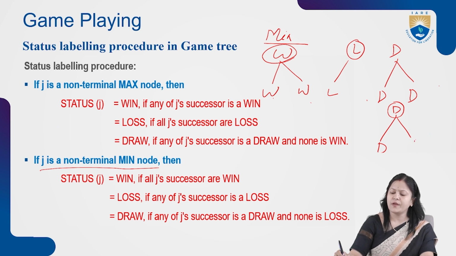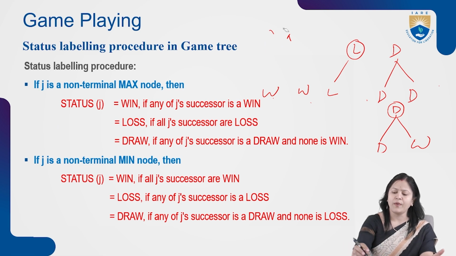If in place of W I write L, it would be L. So like this, the status labeling procedure can be maintained for all non-leaf nodes.